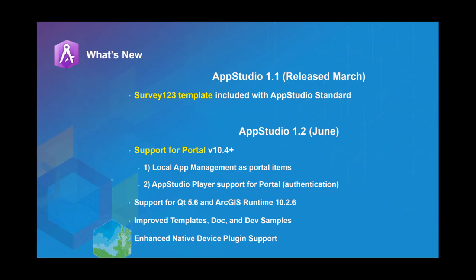This is, again, important for many Portal users, and this allows them to store their app configurations in their portal and manage those and share apps in the portal with other users that might want to log in with ArcGIS Player. So if you have ArcGIS Server and you have your own portal, hosted all on premises, the 1.2 version is important for you.